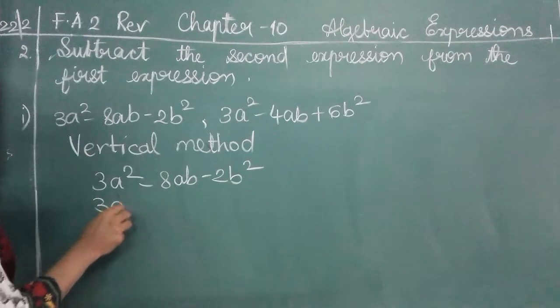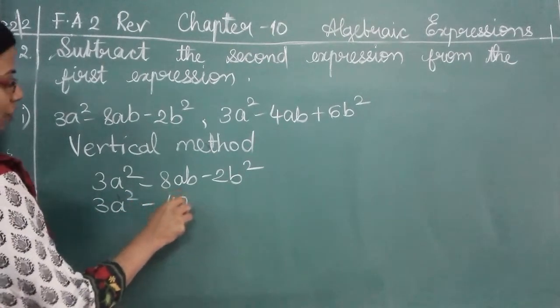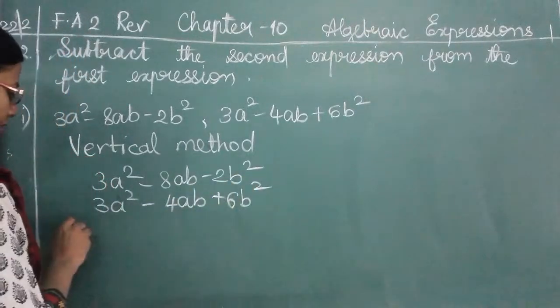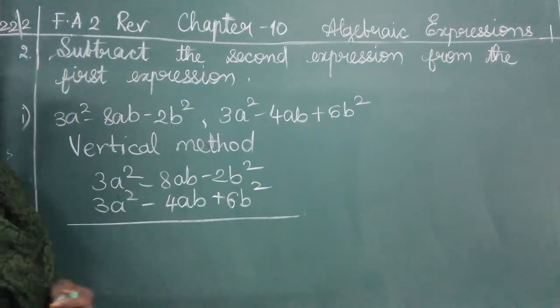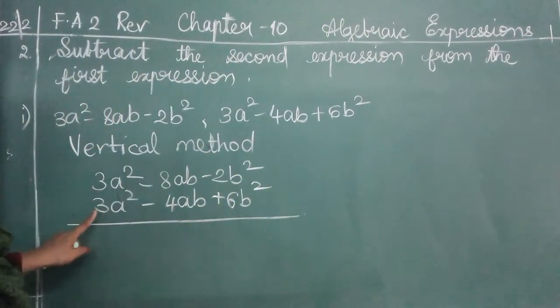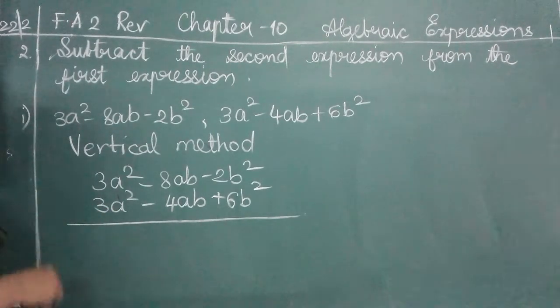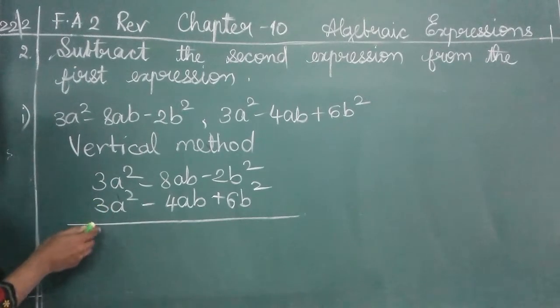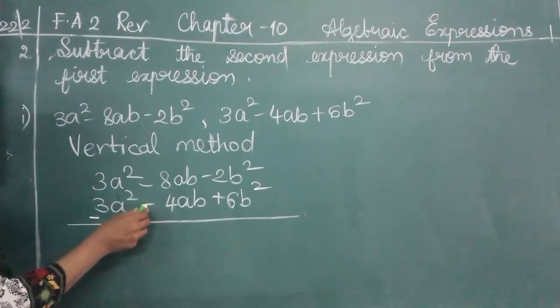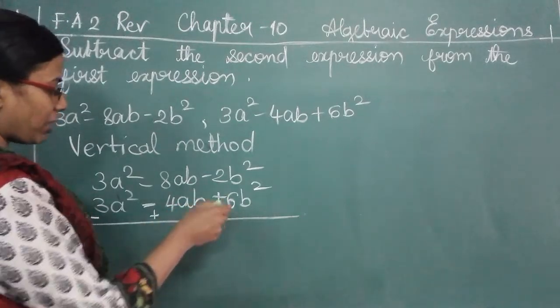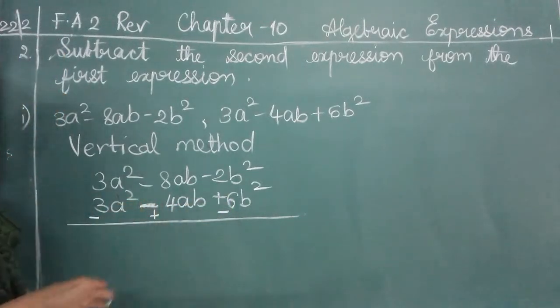Then 3a square minus 4ab plus 6b square. Okay. Now what we are going to do is, whatever sign is here, we are going to write the opposite sign below. So here plus is there, we have to write minus. Minus is there, write plus. Plus is there, write minus. Because we are subtracting, it is going to be the opposite signs.